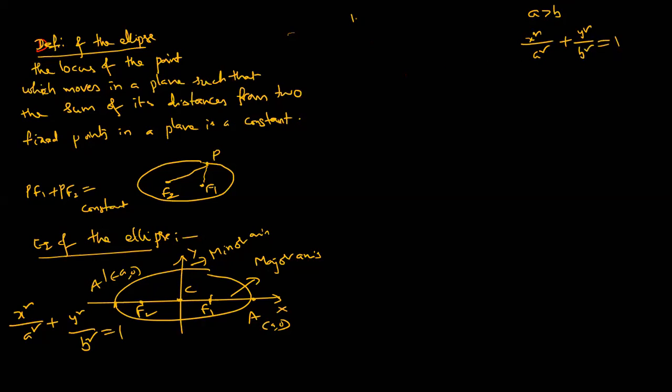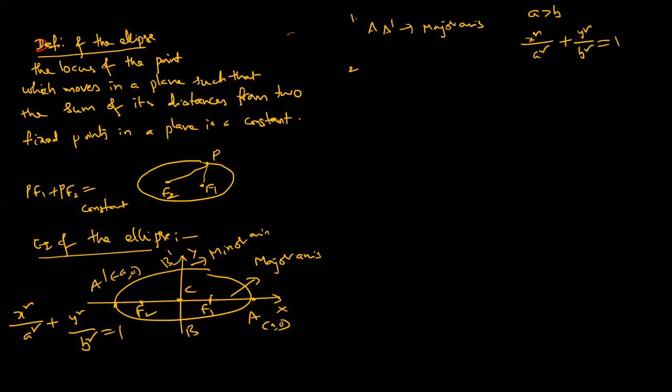So in this case, what is the major axis? The line segment joining A dash A is called the major axis. The line segment joining B dash B is called the minor axis.